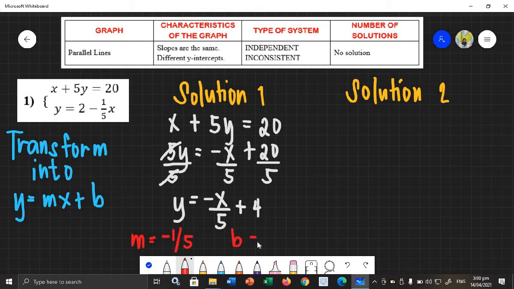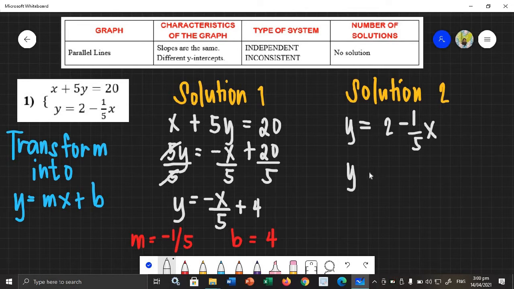And then, yung y-intercept natin is positive 4. Next, yung second na linear equation. So, we have y equals 2 minus 1 over 5x. So, dito, ang gagawin na lang natin para ma-change siya into slope intercept form is pagpalitin ng position si 2 and negative 1 over 5x.